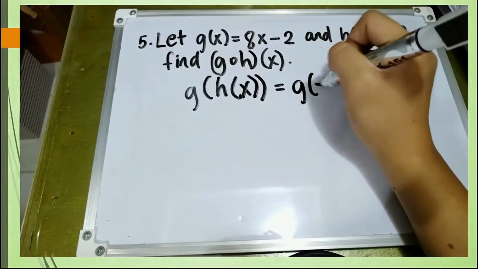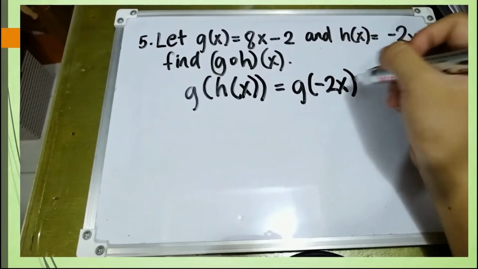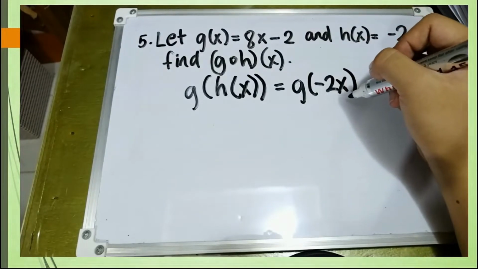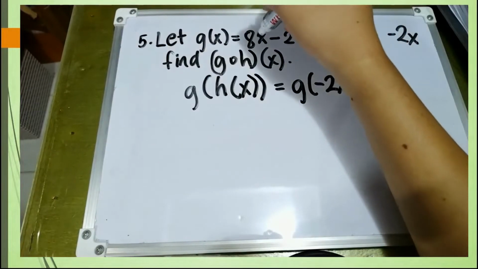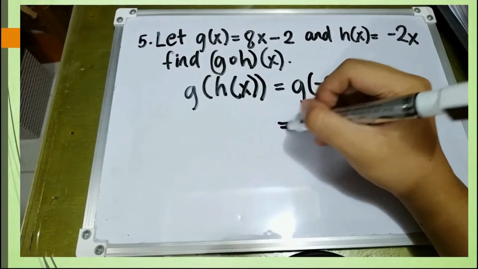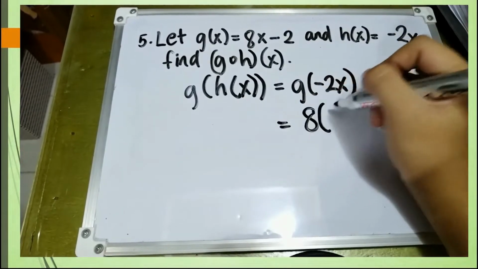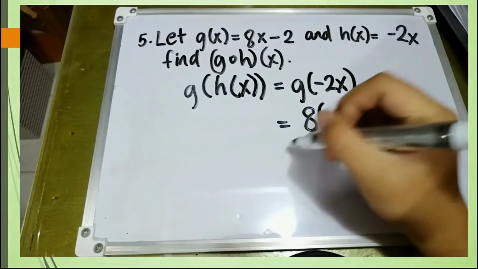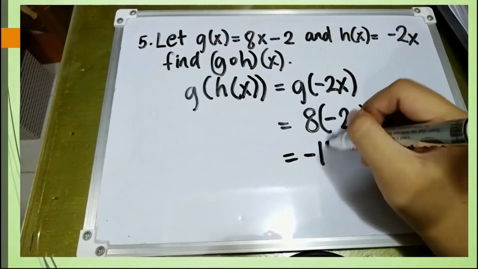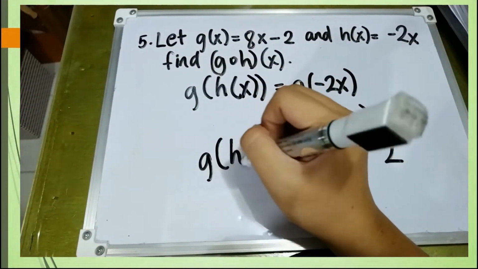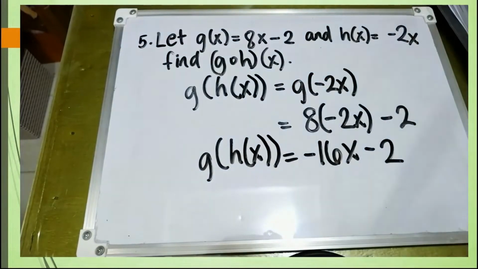So g of negative 2x. Then we're going to substitute this negative 2x here to the x in the 8x minus 2. So that becomes 8 multiplied by negative 2x minus 2. So that is negative 16x minus 2. So g of h of x, or the g circle h of x, is equal to negative 16x minus 2.